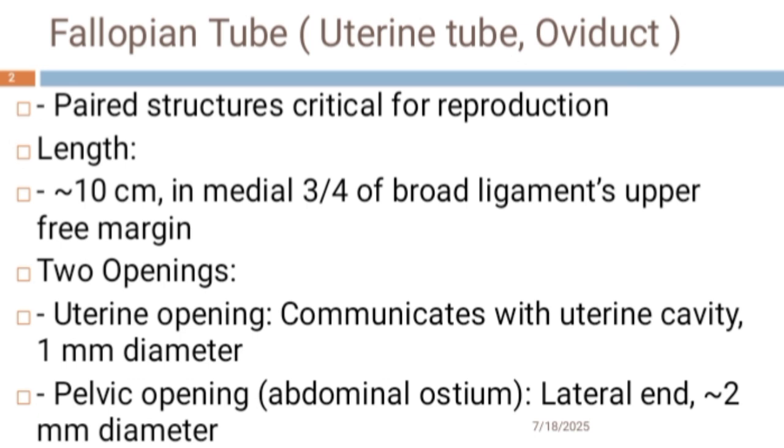The second is the pelvic opening, or abdominal ostium, at the lateral end with a diameter of about 2 millimeters. These openings are essential for the tube's function. The fallopian tube's location ensures it facilitates gamete transport and fertilization.